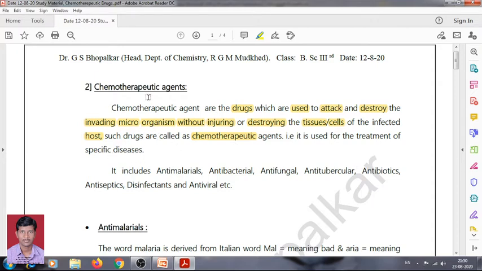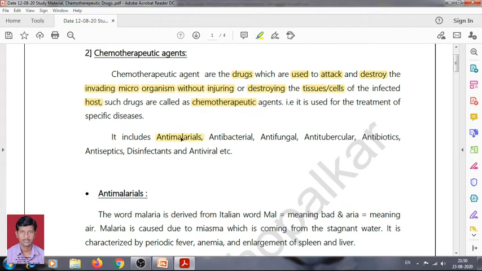Now which drugs are used as chemotherapeutic drugs? For example, anti-malarial, antibacterial, antifungal, antitubercular, antibiotics, antiseptic, disinfectant and antiviral.